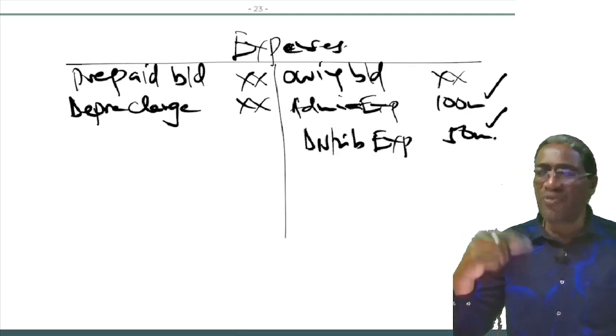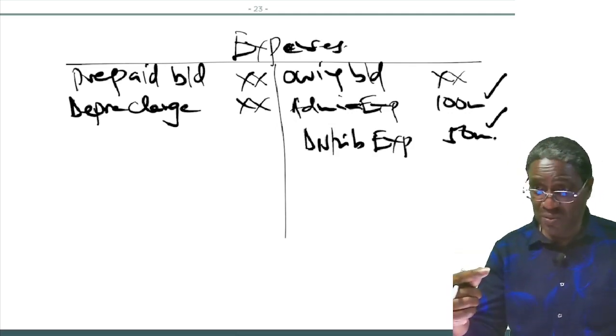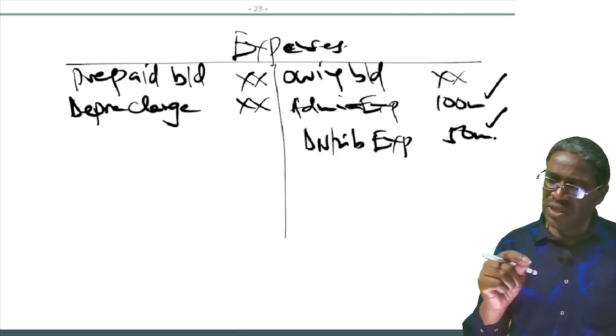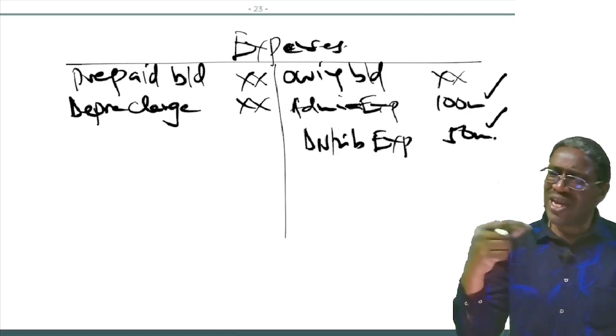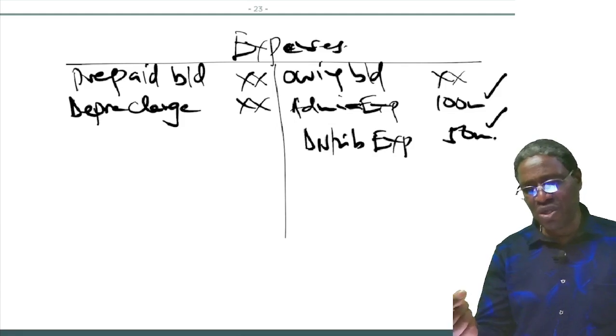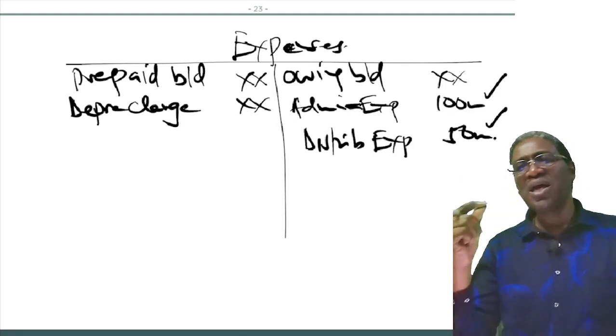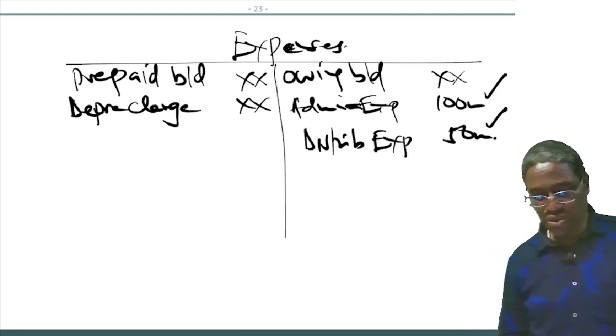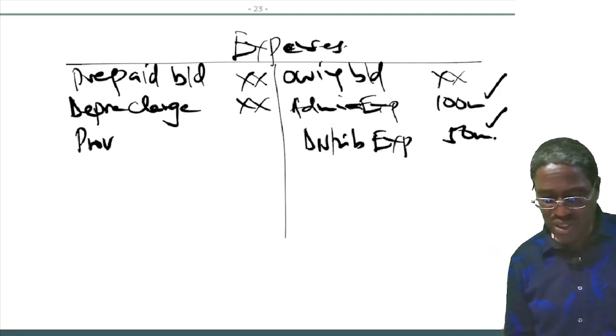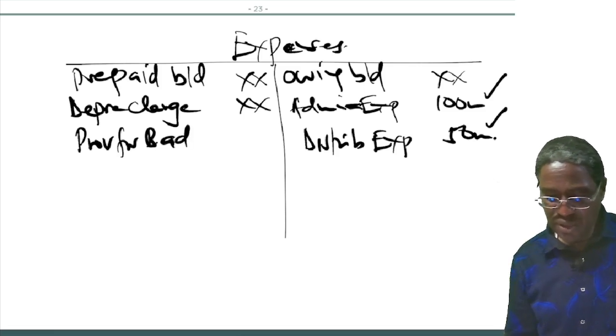Provide, make a provision, provide for the loss. So you as a company, when you anticipated that some of your debtors are likely not to pay you, you made a provision. Obviously, you must have included it among the selling and distribution expense. Good. So you came, now say here, provision for bad debts. Remove it. Provision for bad debts.